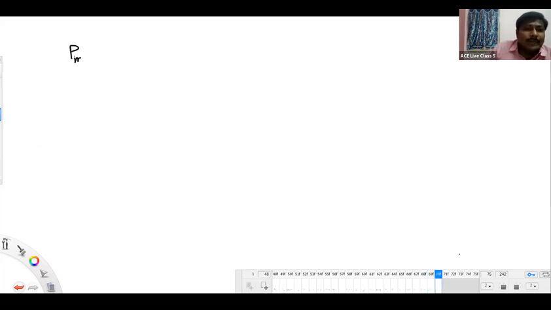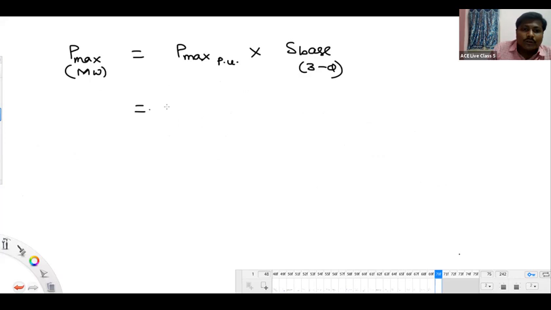So P maximum in megawatt, the three phase value, is P maximum per unit number into S base. So it is 1.07244 into S base 500. The resultant units will be in megawatt. So that value will be 536.22.